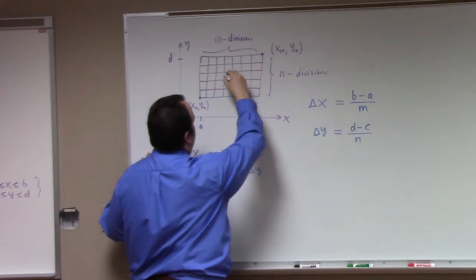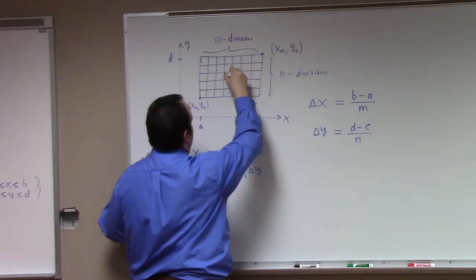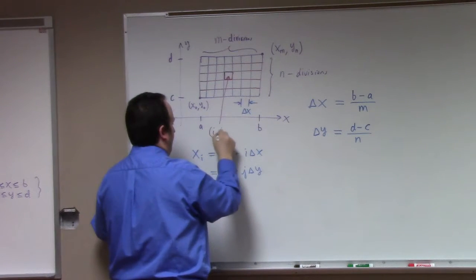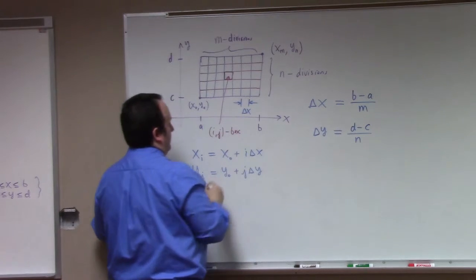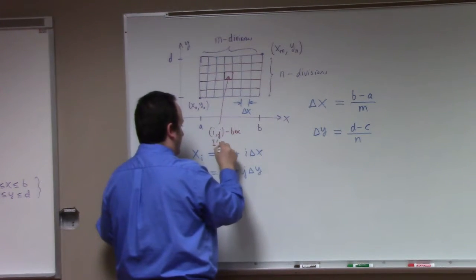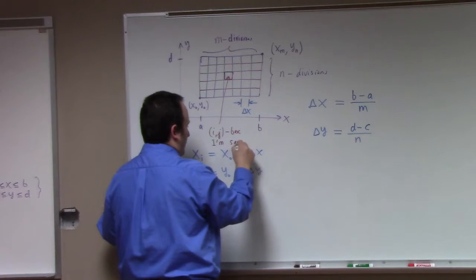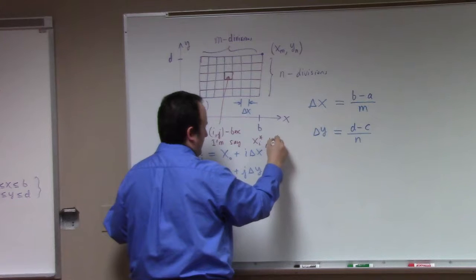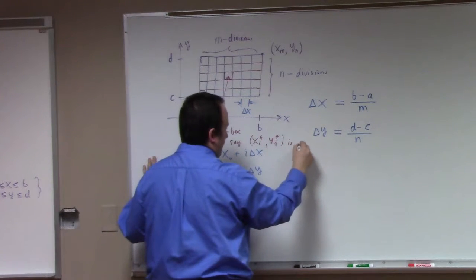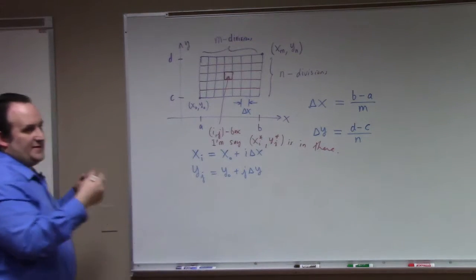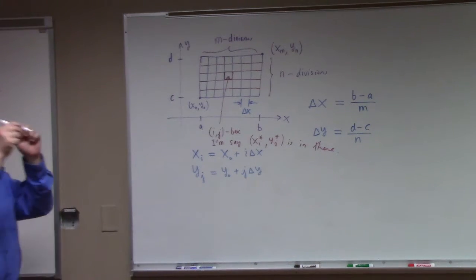Let's see here. So if we focus our attention on that being the ijth box, then I'm saying that x sub i star, y sub j star is in there. So I'm just saying the sample points have to be points in these boxes.